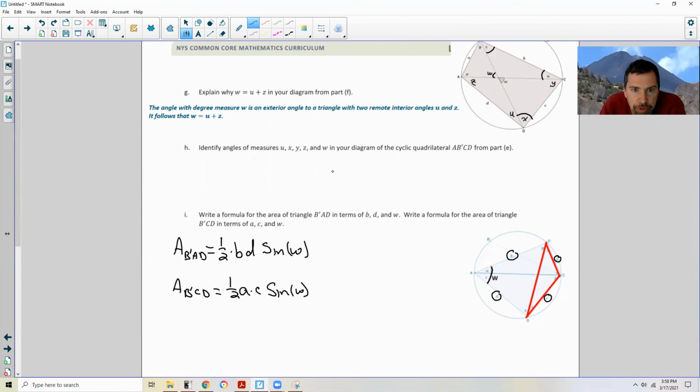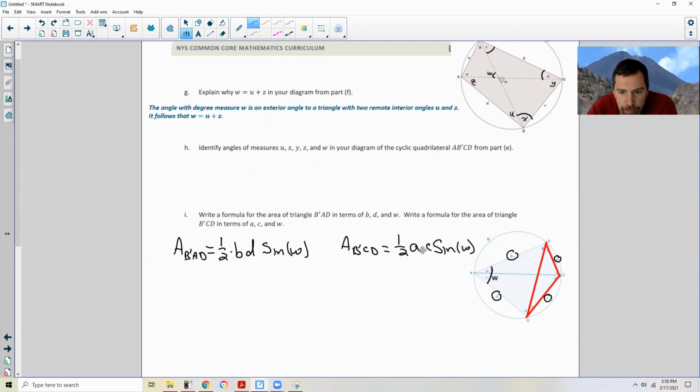And as we said on the prior pages, we can rewrite that as sine of W because it's 180 minus W, or sine W. Alrighty, so those two equations. Let me move this over here.